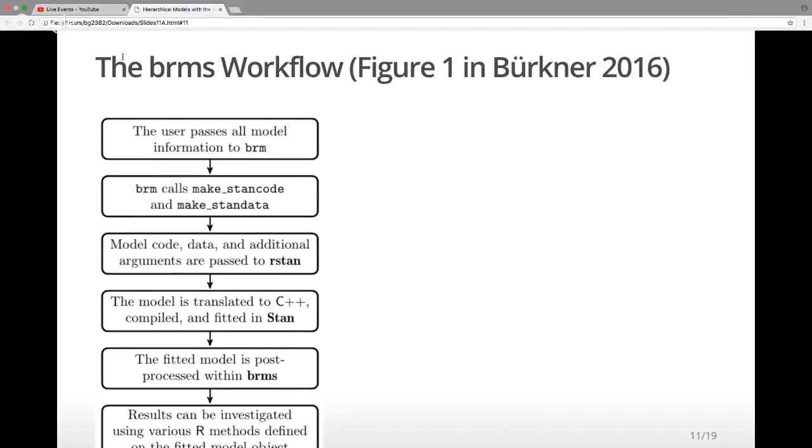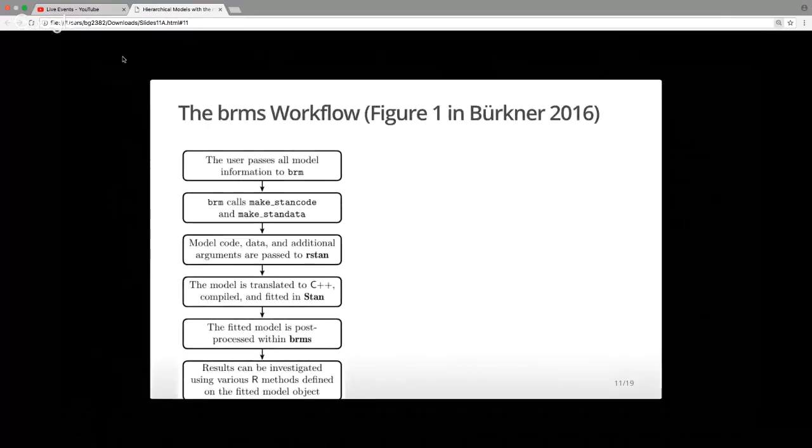Another way is to look at this figure from the reading. So the user passes all the formula, data, and stuff about the priors to the function brm. brm internally calls functions, which are actually exposed, make_stancode and make_standata. Then the code, the data, etc. are passed to the rstan package.